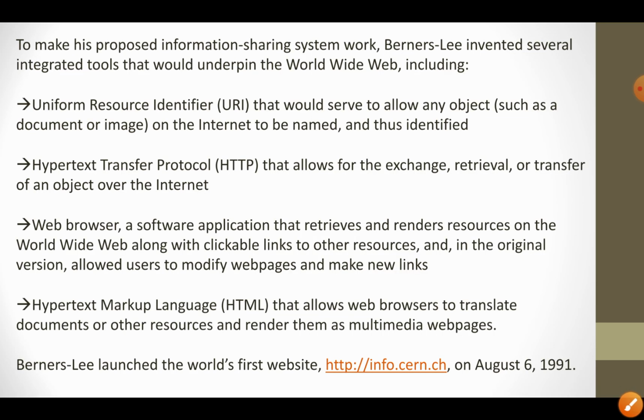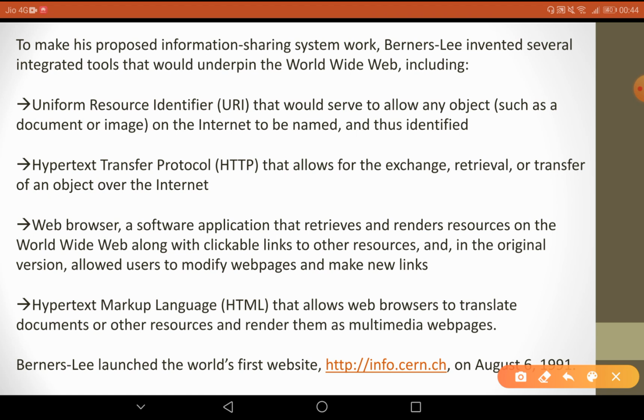So let's see some more facts about this person, because this is very important. This is the core of computer knowledge. To make his proposed information sharing system work, Berners-Lee invented several integrated tools that underpin the World Wide Web, WWW.